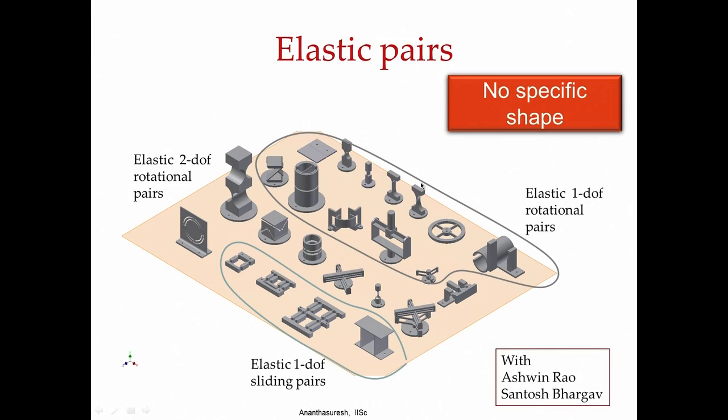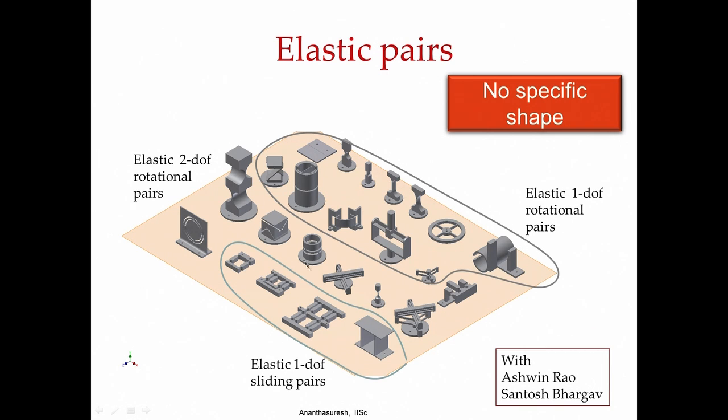Elastic pairs can be of many different shapes, and here there is no specific shape like it is there for kinematic pairs. For a single degree of freedom itself, you can have a number of sliding pairs, single degree of freedom revolute or rotational pairs, so many things are there, and for 2 degrees of freedom, again a number of them are there. They are all different from one another in terms of their shape, but they all do the same thing.